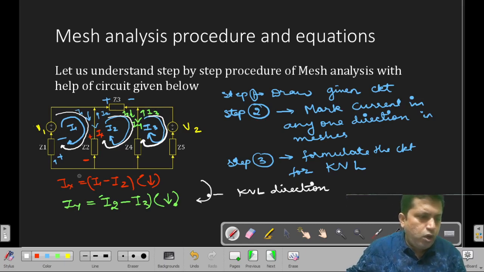Now if I apply KVL, there are 3 loops, so there will be 3 equations.